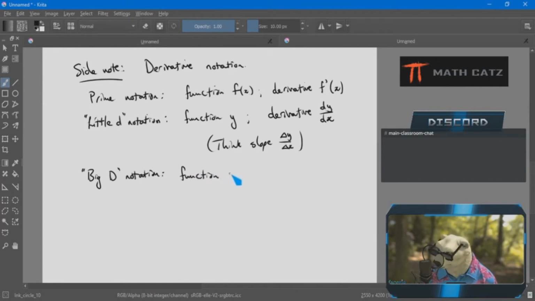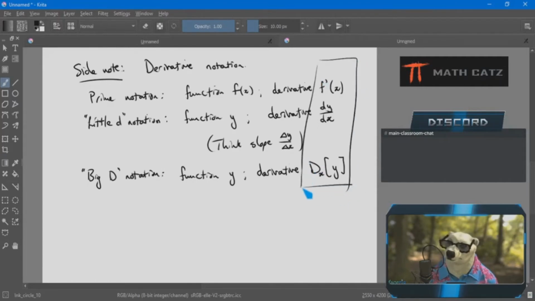Let's call it y. And then I'm going to name the derivative. Of course, we're doing the exact same thing. It's just sometimes certain names are a little bit more convenient to illustrate properties. I'm going to use a big D for derivative. And I'm going to say what the variable is at the bottom. And then I'm going to put the function or its details in square brackets. All of these things are all the same. Some, we'll see in time, are just more convenient than others.